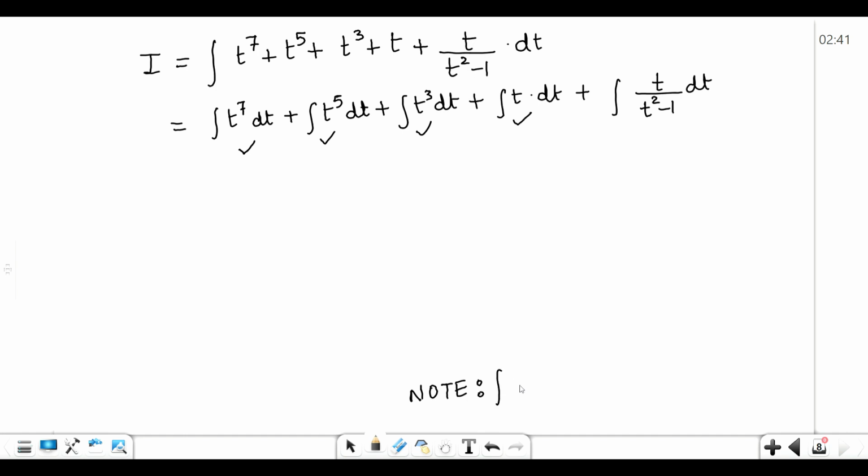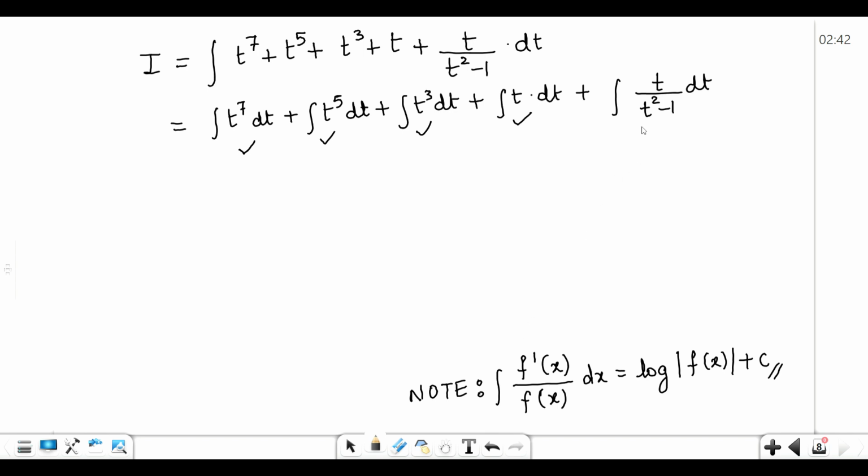Whenever you have a function in the denominator and the derivative of that function in the numerator, the answer becomes log of f of x, the log of the original function. Just remember, the derivative is in the numerator and the original function is in the denominator.